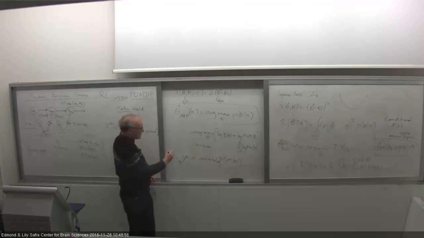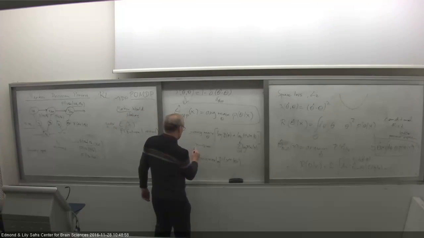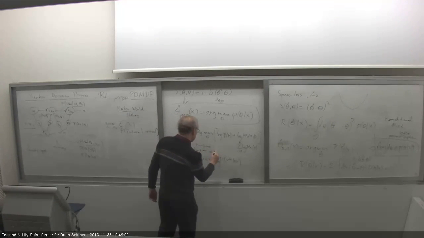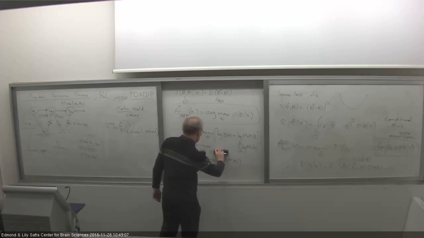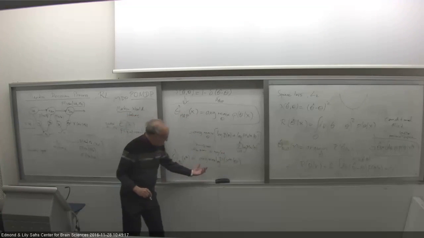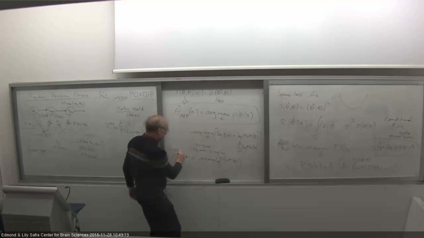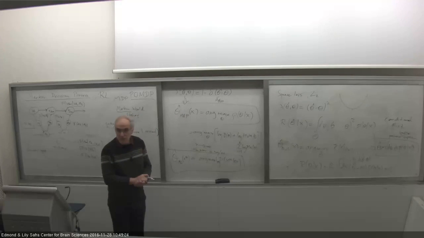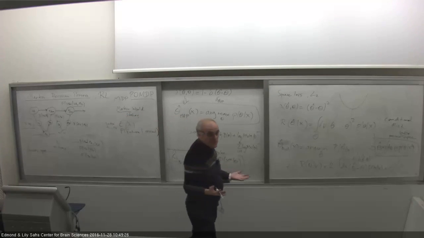So you see that for n large, the prior is small, or negligible. This is enough, and this is really important. This is the definition of a maximum likelihood estimate. Maximum likelihood is the simplest thing I can do.